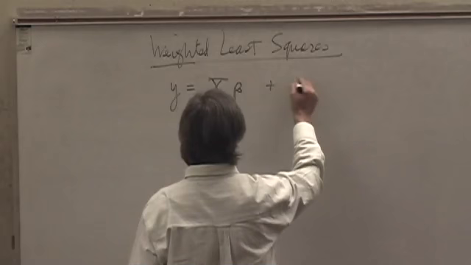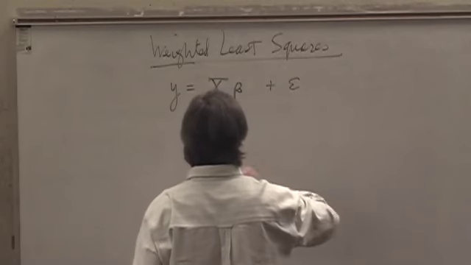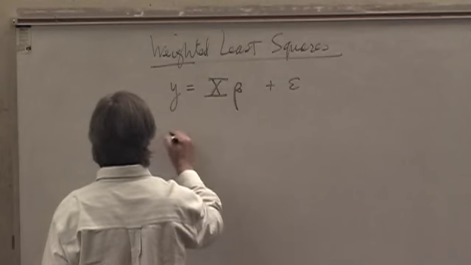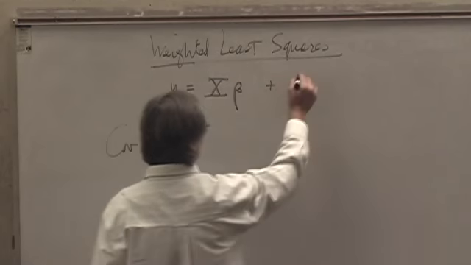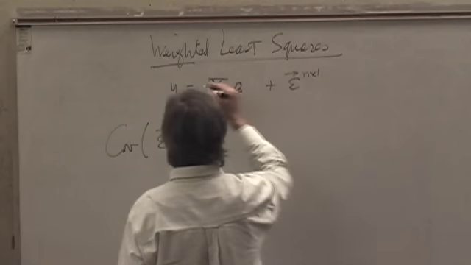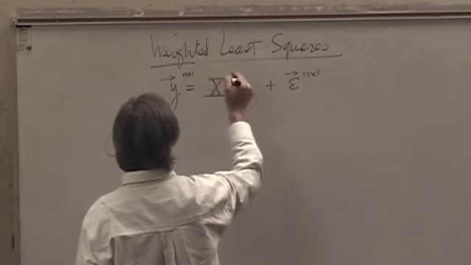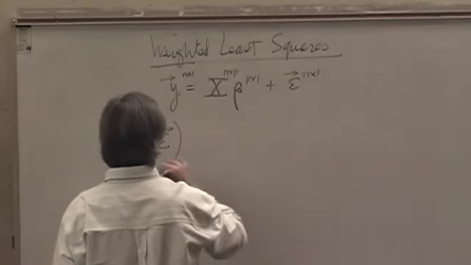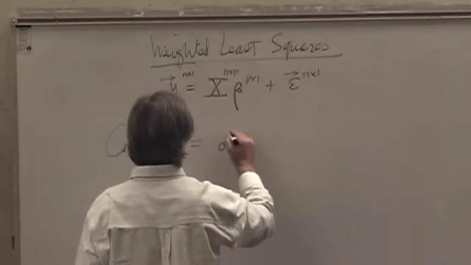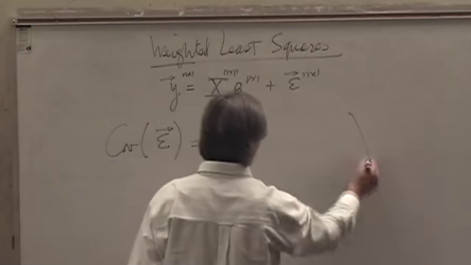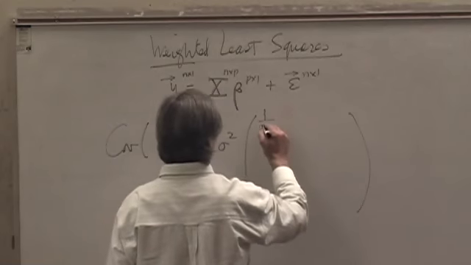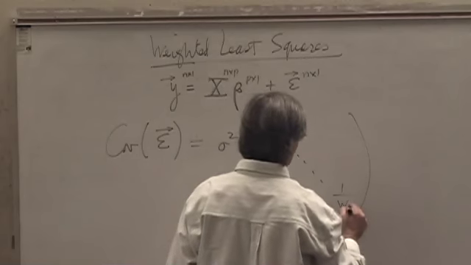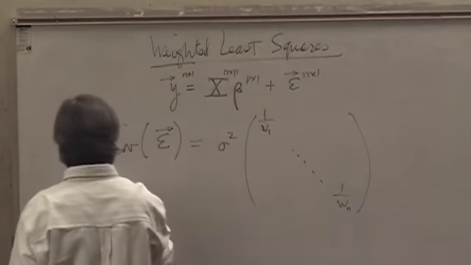So I'm going to assume my usual assumption, y equals x beta plus epsilon, but now I'm going to assume that the variance covariance matrix of the epsilon vector, which was n by 1, x was n by p, beta was p by 1, is sigma squared times a diagonal matrix where the diagonals are 1 over w1, reciprocals of weights, where the wi are greater than 0.